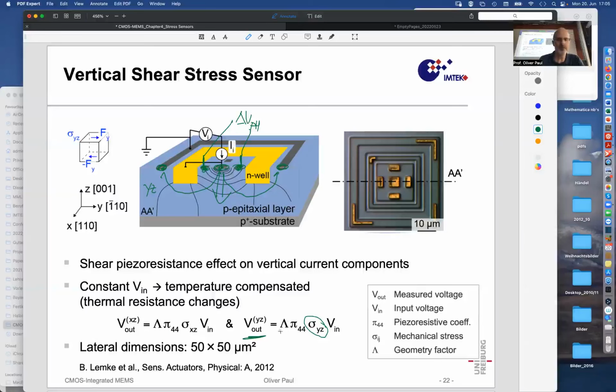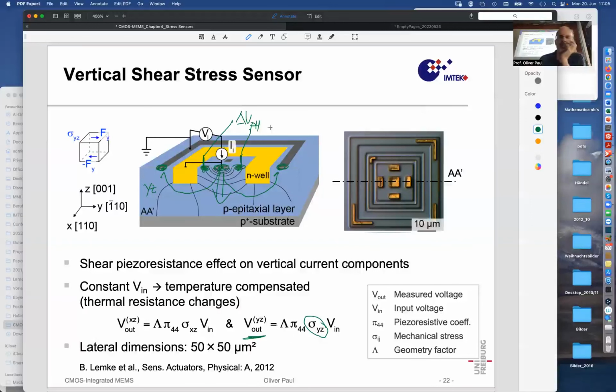And then there is a geometrical factor, geometry factor lambda, which takes into account the fact that this is not a perfect Wheatstone bridge, it's anything except a Wheatstone bridge. It acts like an electrical Wheatstone bridge, but it doesn't look like a Wheatstone bridge, and that makes this geometry factor much smaller than 1, of course.